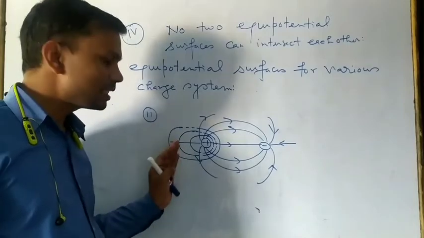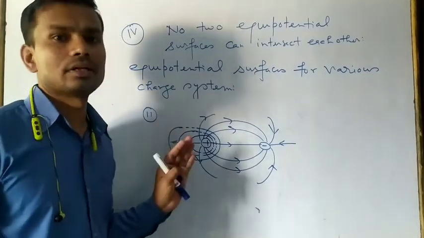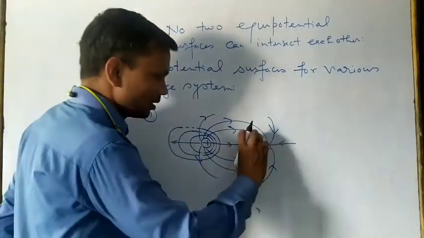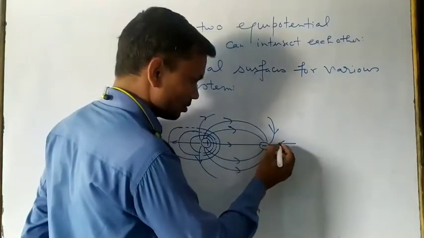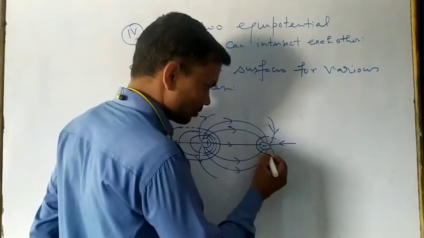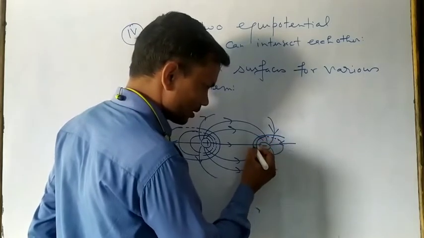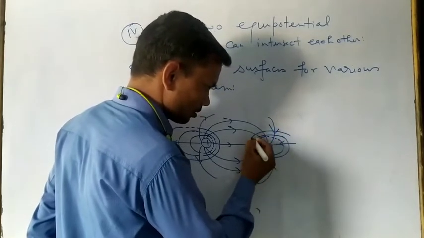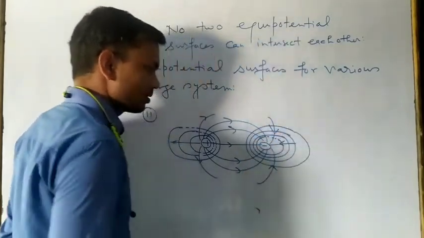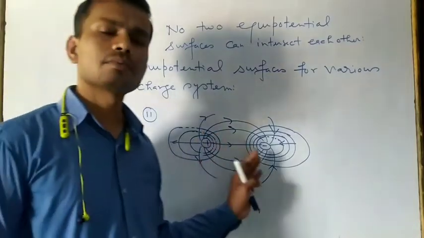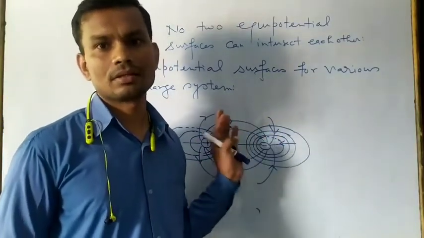The reason is that in this region the electric field is weaker. Here also it is the same thing: in this region the electric field strength is maximum. So this is the pattern of the equipotential surfaces in the case of equal and opposite charges, meaning an electric dipole.